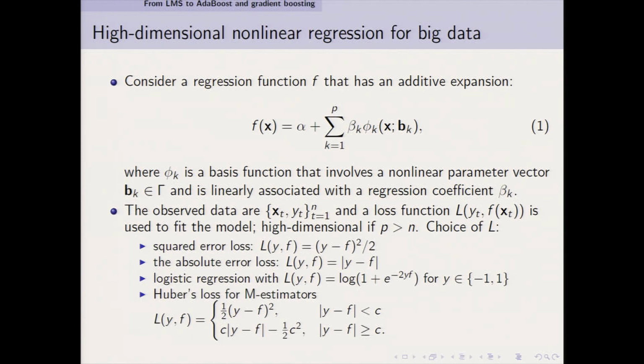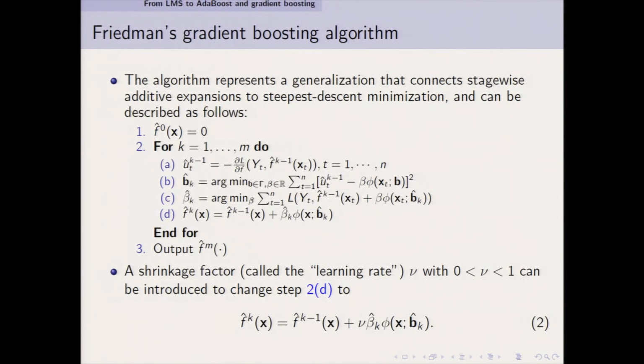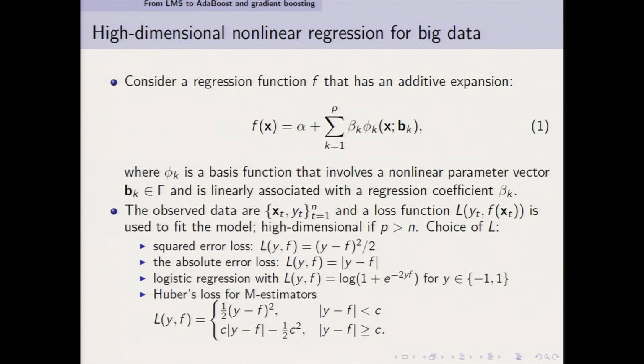There is no alpha in his original formulation, and this phi is just a single function. There is no k. What he was choosing was this b_k.